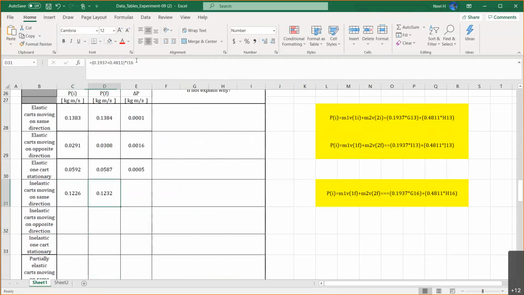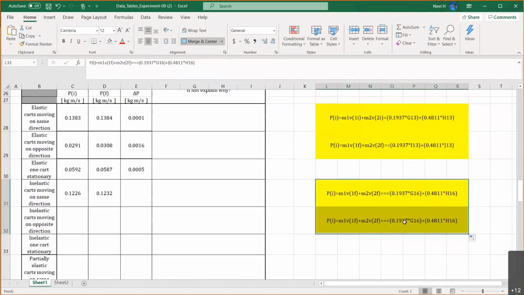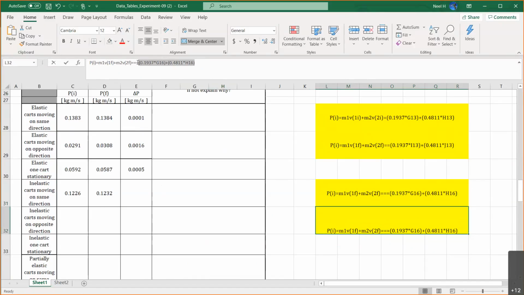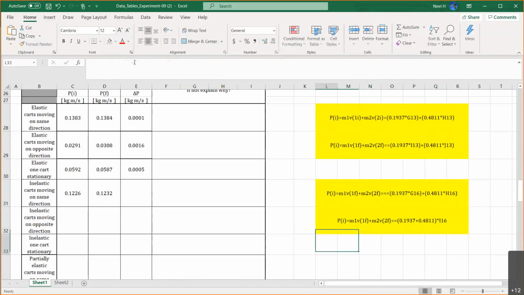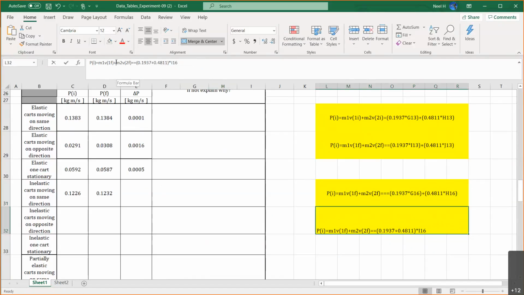Okay, let me copy paste that function too. And this command I also need to edit.